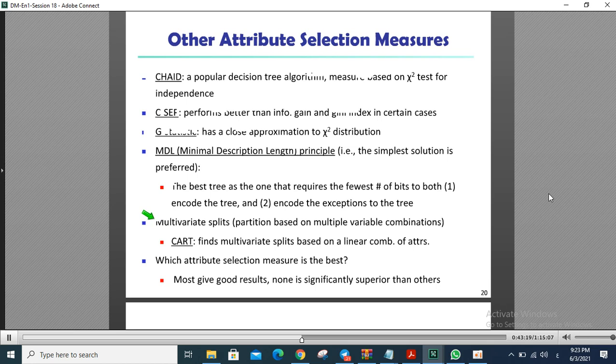So we have different decision trees with different measures for selecting attributes and also for splitting attributes. For example, I said that information gain and Gini index are affected by multi-valued attributes.